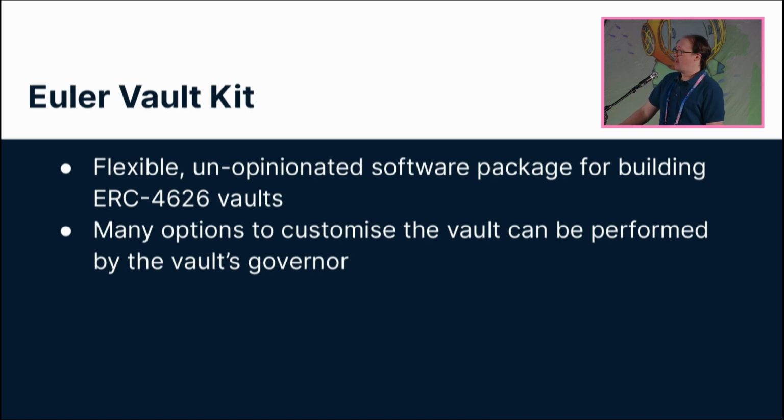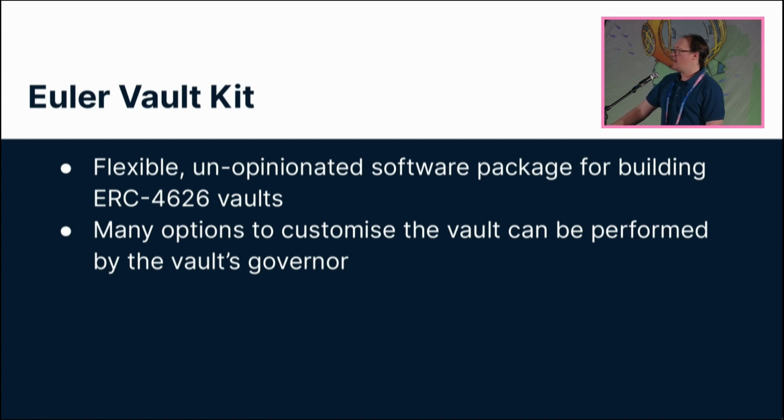And that brings us to the next part of this, which is the Euler Vault Kit. The Euler Vault Kit is what we've been building a little bit to interact with EVC. It's kind of the mechanism we expect to create Euler, like ERC-4626 compatible vaults that can be used with EVC.